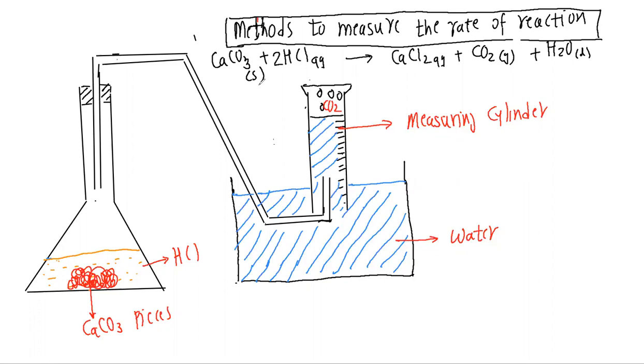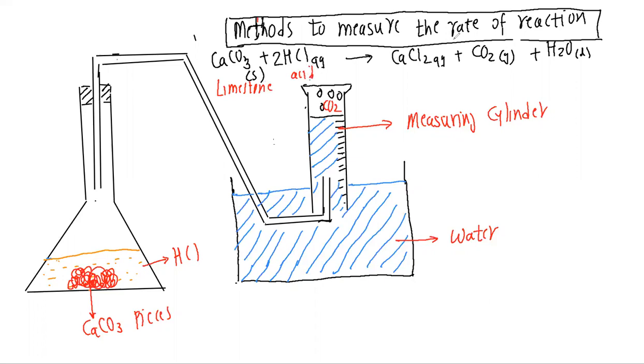So one of the methods is to measure how much of one of the products is getting produced. Let's take this reaction, which you are quite familiar with. Calcium carbonate, that is our limestone basically, is being reacted with hydrochloric acid, HCl, our acid.